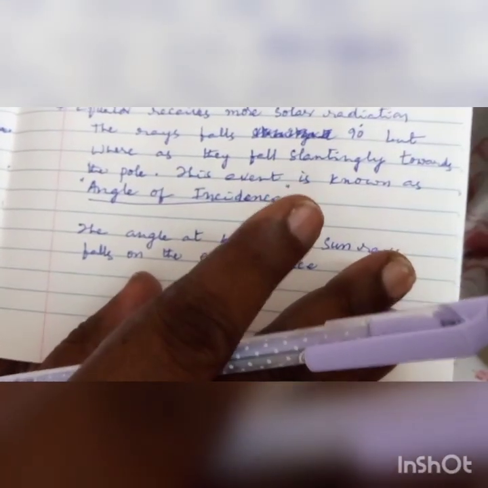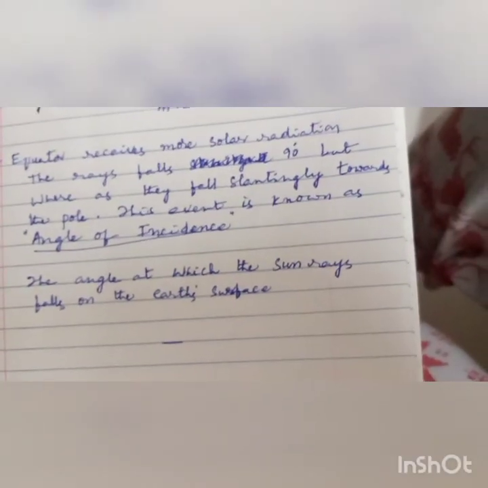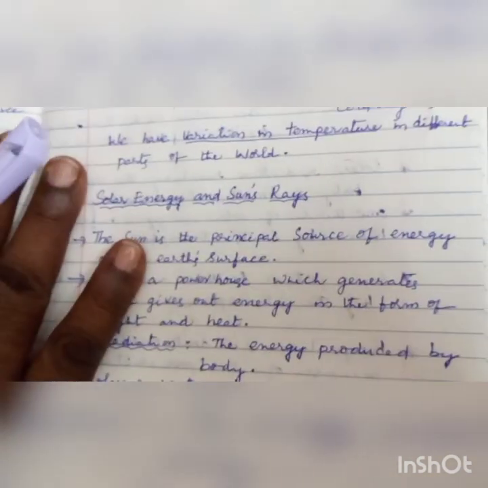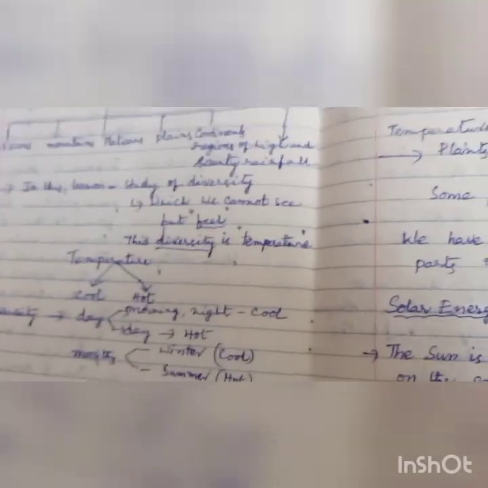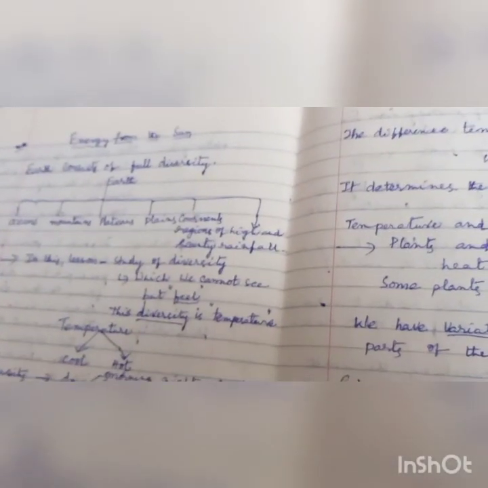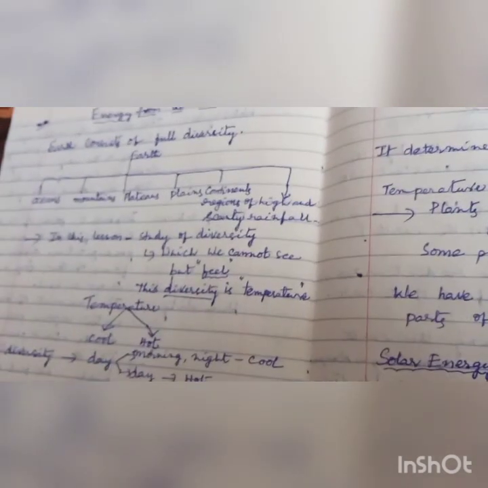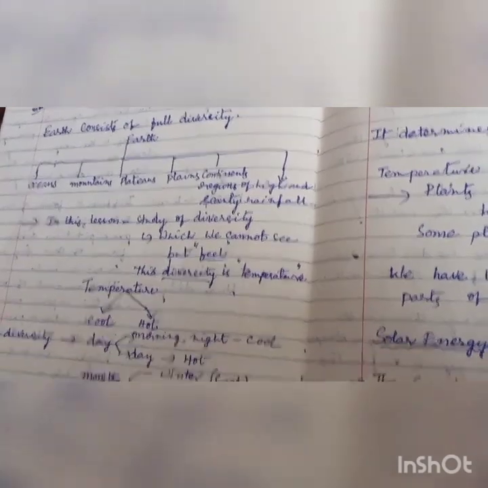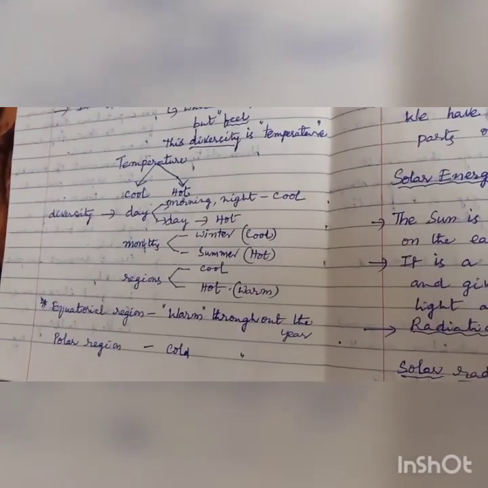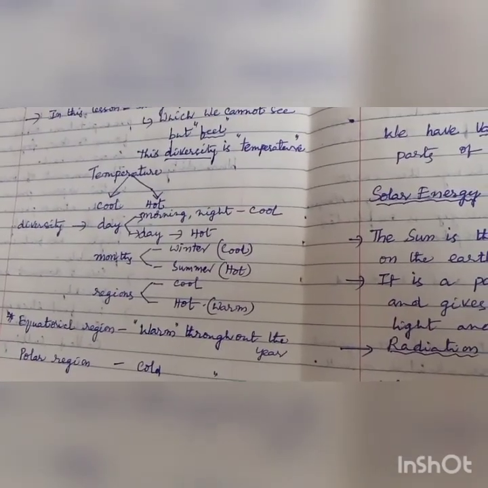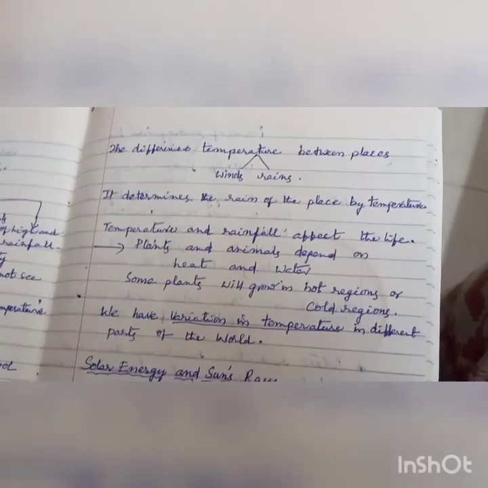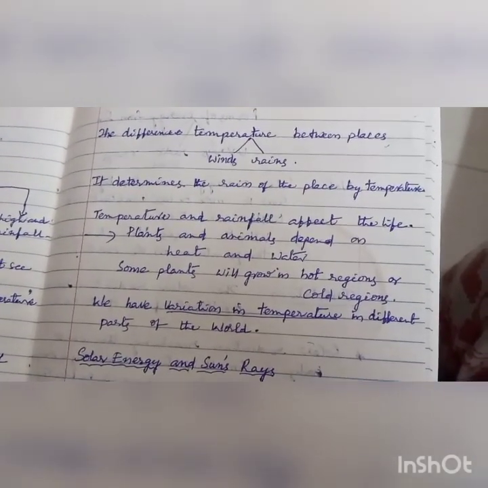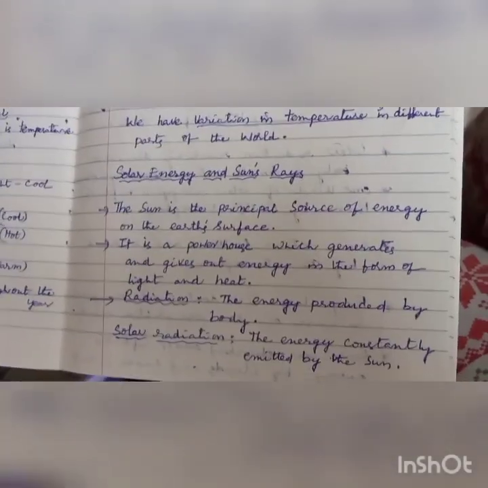Today we learned about two important topics: the energy from the sun, and what kind of diversities are there, as we already discussed, and how temperature is different, and why temperature is different in the day as well as at night, and in some months, in some regions, and why the equatorial region is called a warm region and the polar region cold, and how temperature and rainfall are affected.